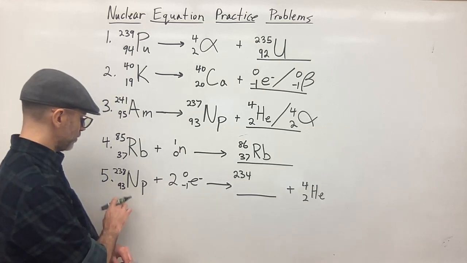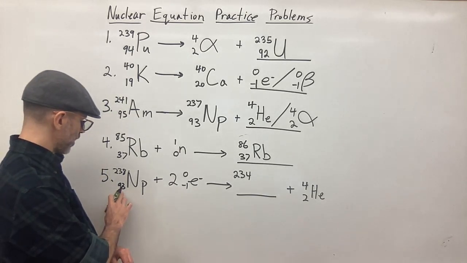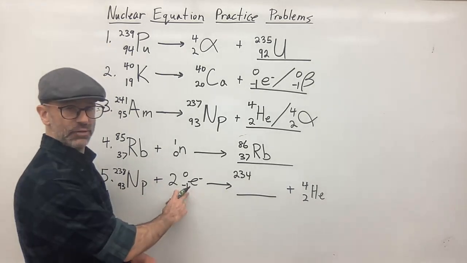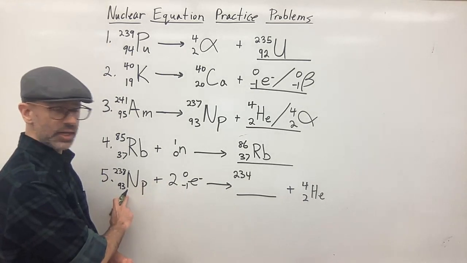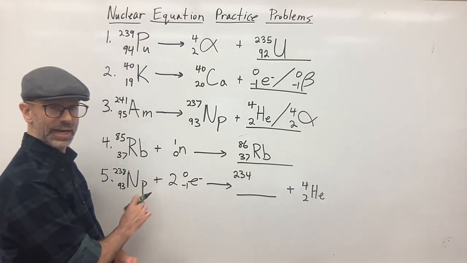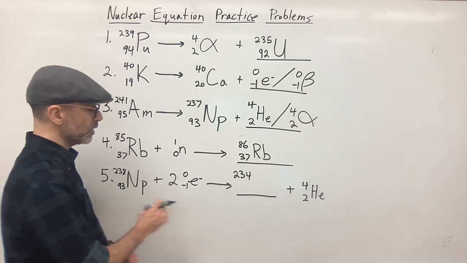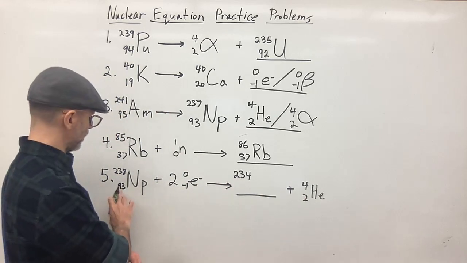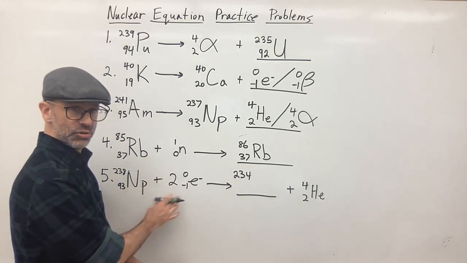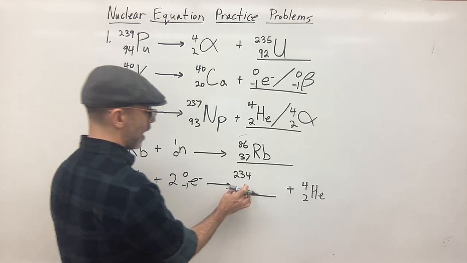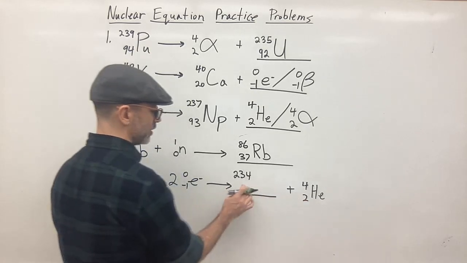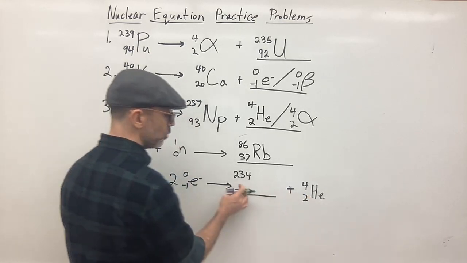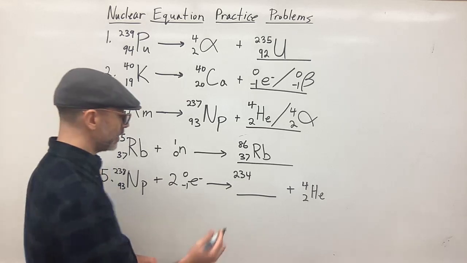Now, what about the bottom numbers? Here we have 93, and we have -1. So 93, -1 together is going to be 92. So over here it should equal 92 total. This side, 93 and -1, is 92 total on the bottom. So the bottom number should add up to 92 as well. So 2 plus what gives me 92? It's going to be 90.